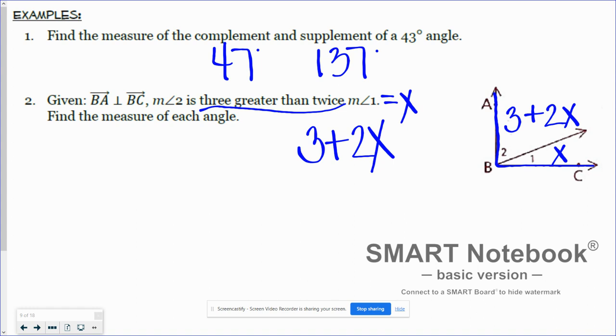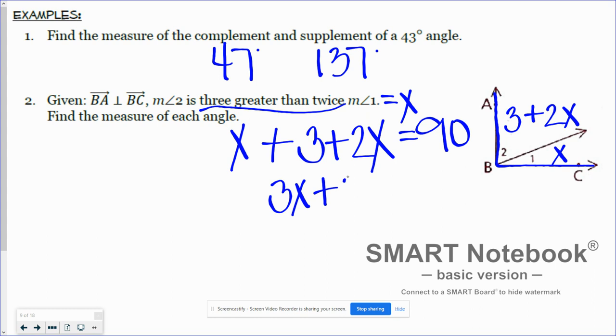So if I add up these two angles, I'm going to get 90 degrees. So we're looking at 3x plus 3 is equal to 90. And then we're just solving this equation. So 3x is equal to 87, which means that x has to be equal to 29.